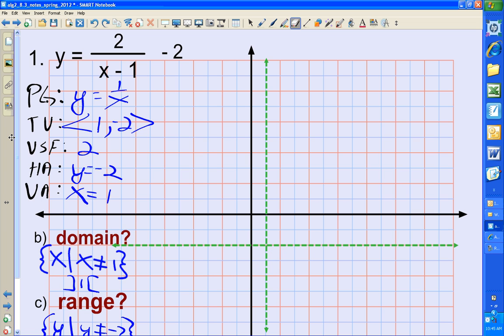Parent graphs, we don't need that. That's what I've been doing for the last hour and a half. So, parent graph, right one, up one, what do you want to do? Right 1 up 2. Right 2 up 1. Okay, if you wanted, you could go right 2 up 1, and then you have 2 great points, and then just push your asymptote.